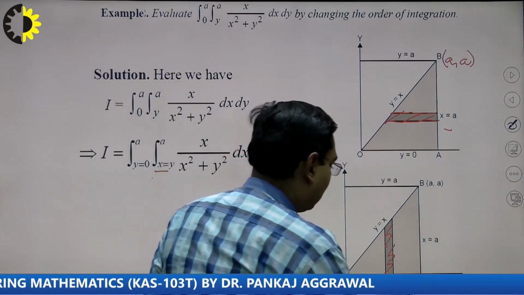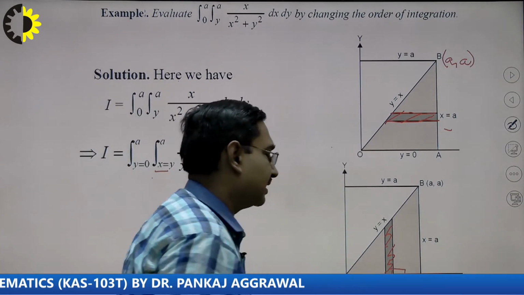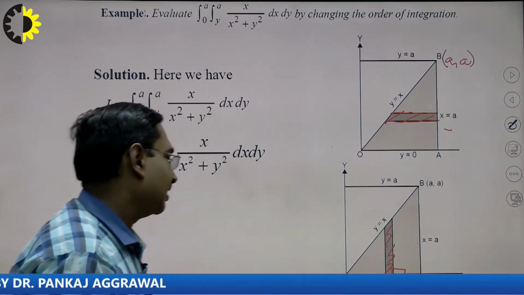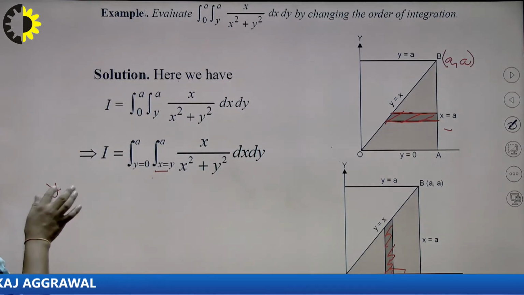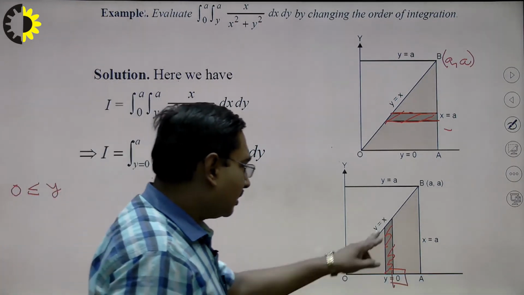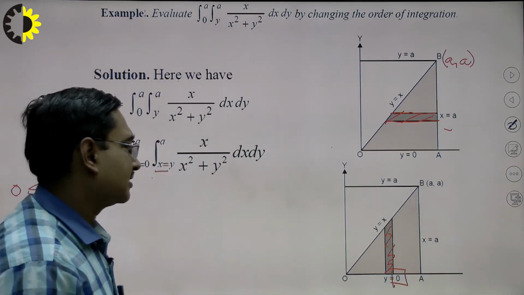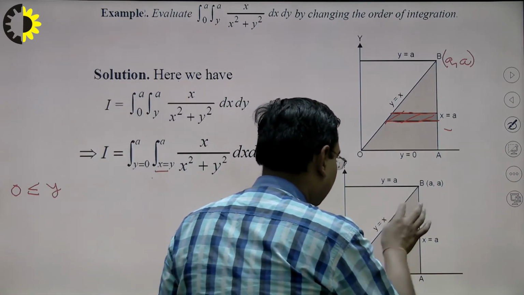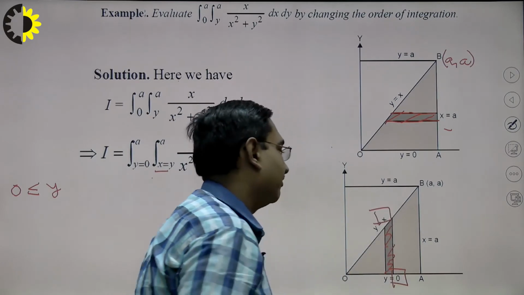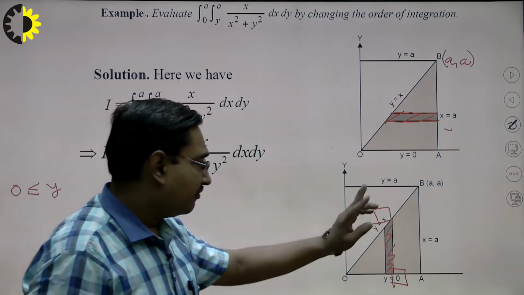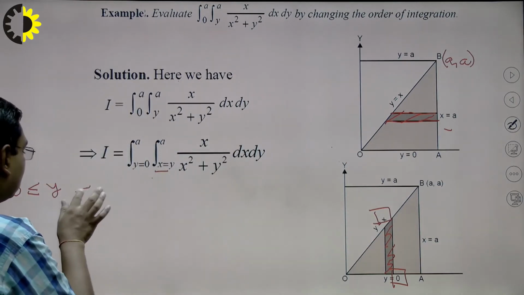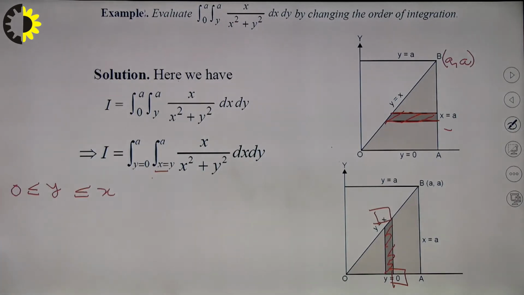The lowest point of this slice is lying on the x axis, where the value of y is 0, so the lower limit of y will be 0. The highest point of this slice is lying on the line y equal to x, so the upper limit of y is x.